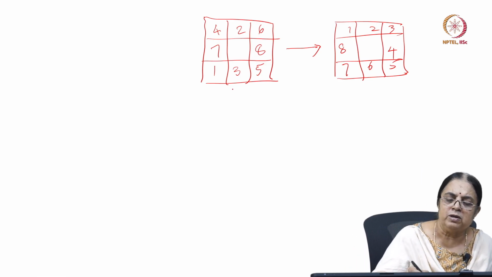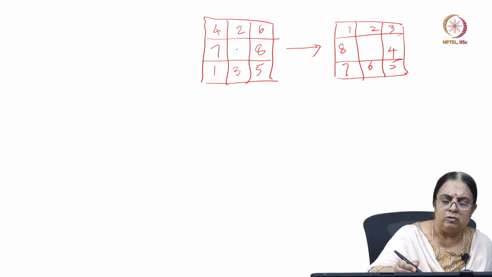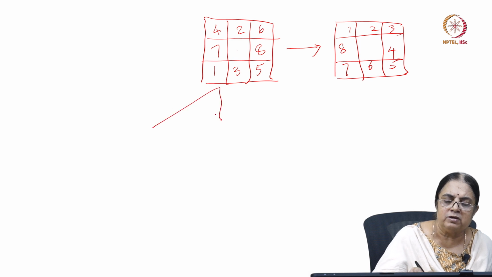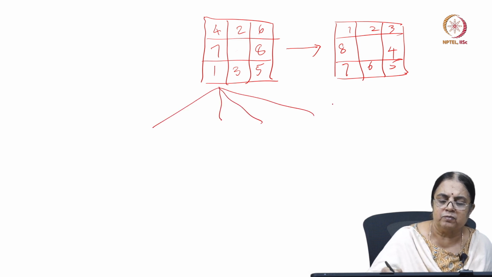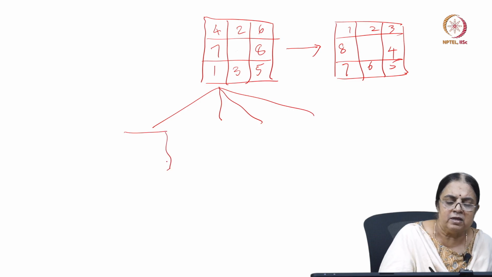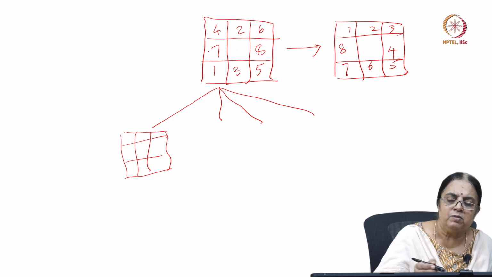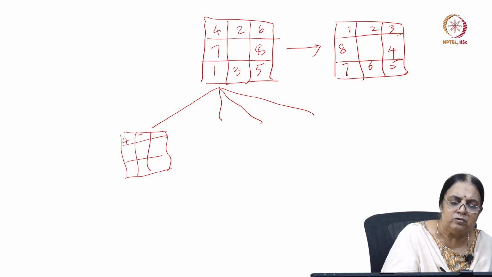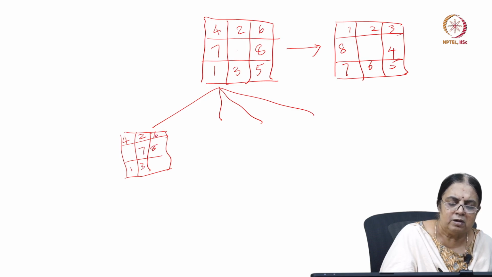Now from here, what are the actions that are possible? You can move the blank this way, you can move the blank that way, you can move the blank up or you can move it down. So you are going to get 4 different options here. If I say I am going to move the blank this way, you are going to get 4, 2, 6, 7, 8, 1, 3, 5.